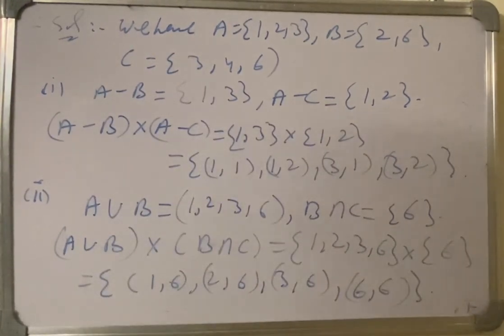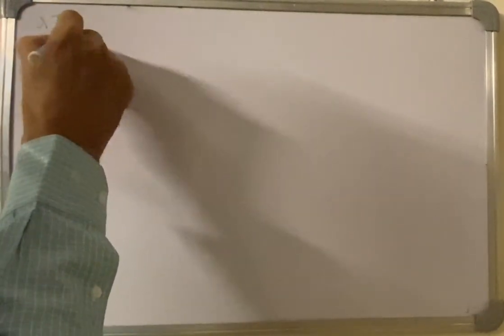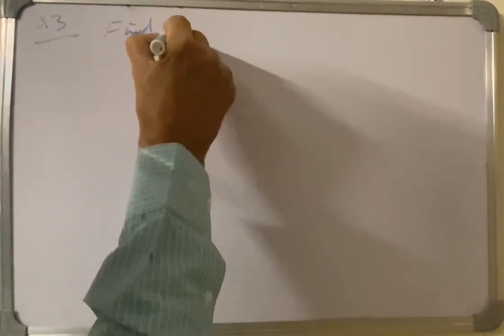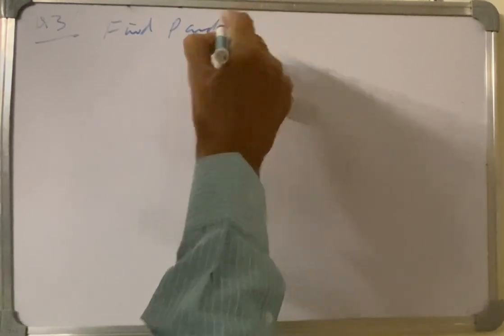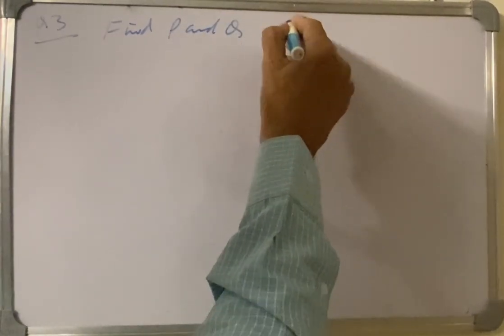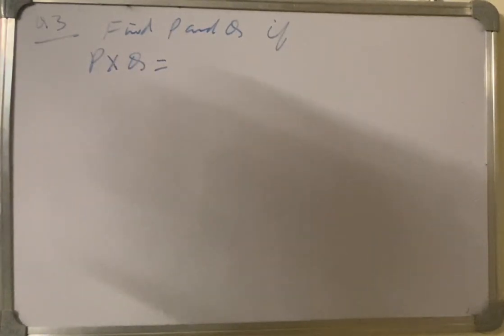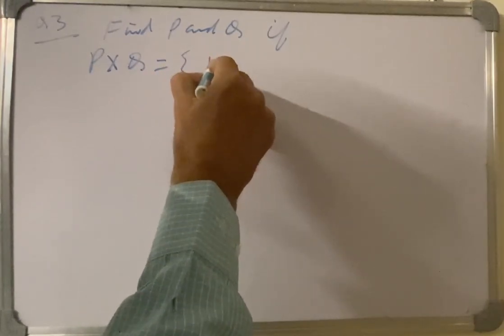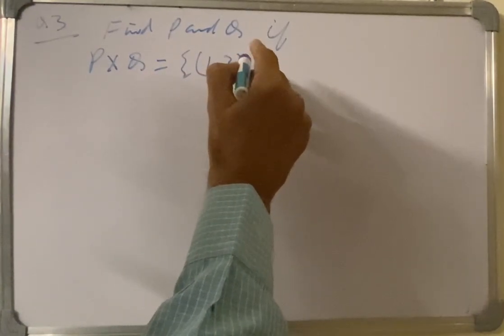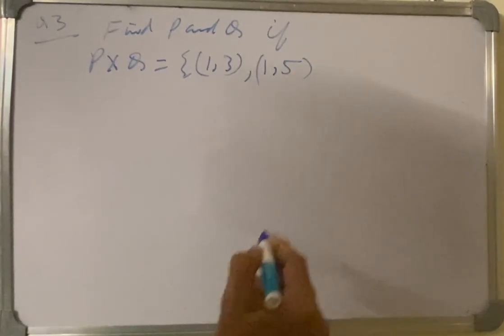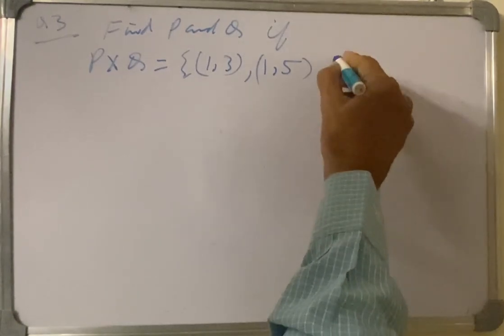Then we take the next question, third question. Find P and Q if the Cartesian product of P and Q is {(1, 3), (1, 5), (2, 7), (3, 7)}.